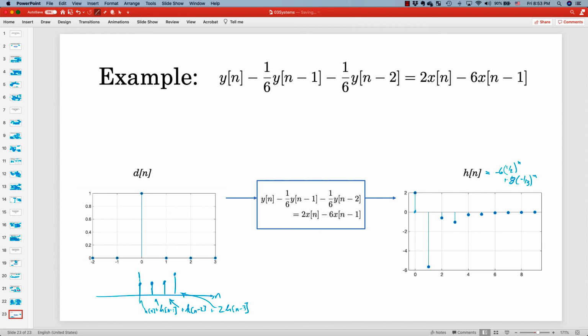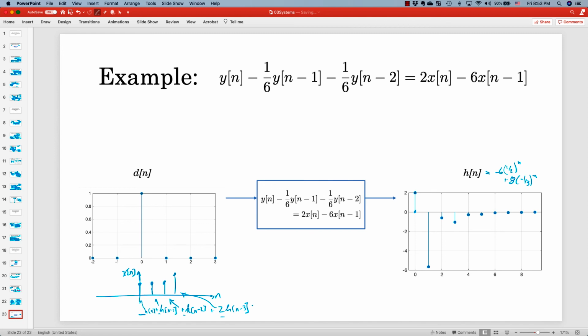I hope you see that in this way, I can construct any discrete time input by knowing the magnitudes of these samples, and they get lined up out here in front of the h's, and then the delay term as well. So what we've done is actually written our very first convolution. We don't know that that's what it is yet, but that is where this is heading: discrete time convolution.